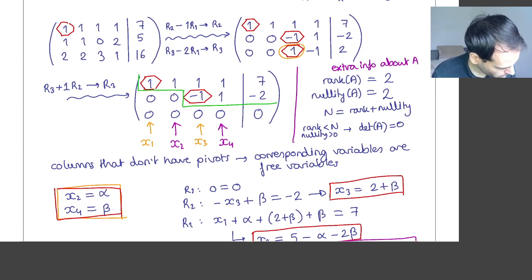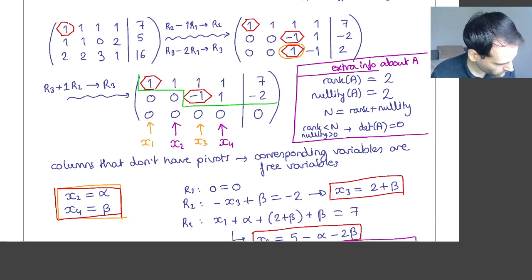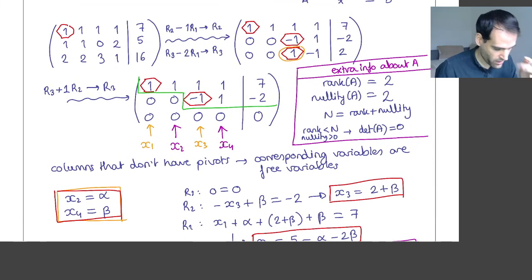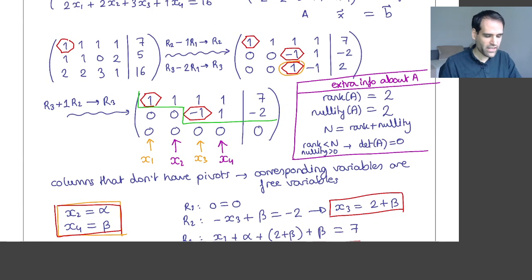But even more extra information. The columns without a pivot turn out to be linearly dependent on the other columns. And that's true even in the original matrix. So in the row echelon form, we have these 2 columns without a pivot.